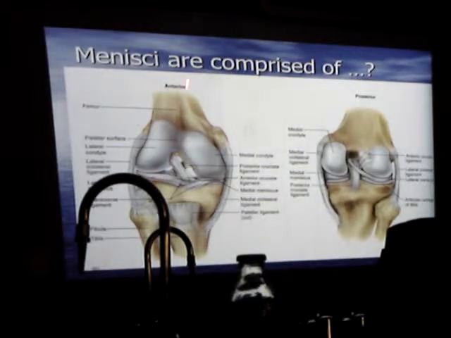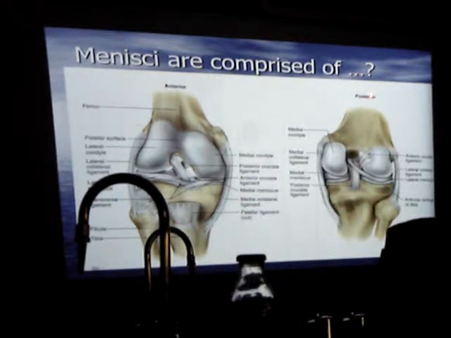Okay, and so anterior, we see the anterior cruciate ligament, named for its attachment to the tibial plateau down here. Since it attaches to the anterior part of the tibial plateau, it's the anterior cruciate ligament. Prevents the femur from sliding backwards.